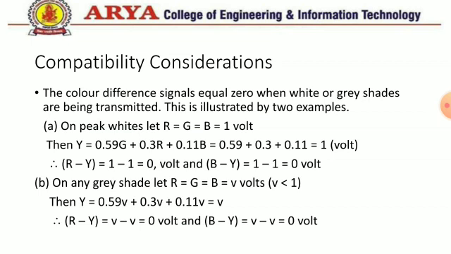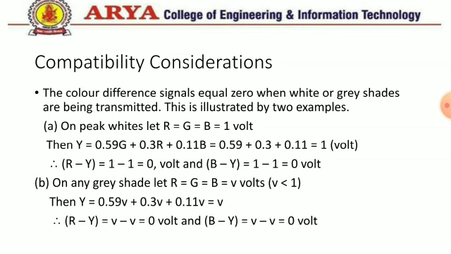For compatibility considerations, the color difference signals equal 0 when white or gray shades are being transmitted. This is illustrated by two examples. Let us assume red, green and blue voltages are equal to 1 volt. Then we put the values of red, green and blue in Y, and we get the voltage equal to 1 volt.